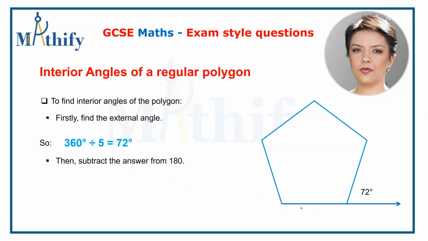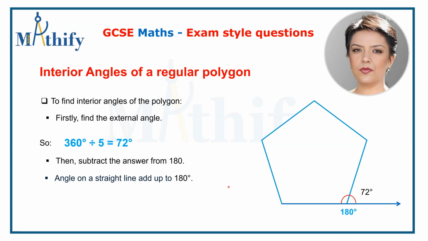We know that this line here adds up to 180 degrees. In other words, angles in a straight line add up to 180 degrees. Therefore, what we need to do is 180 minus 72 degrees. As I said, angles on a straight line add up to 180 degrees.